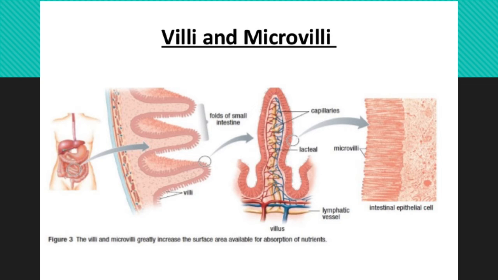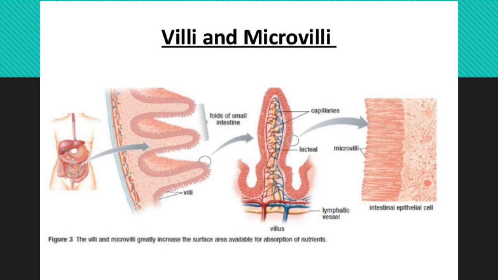So we start on the far left with the small intestine. If you zoom in on that, you can see the folds of the small intestine. Like I said, they move in wave-like contractions to help move the chyme along throughout the small intestine.